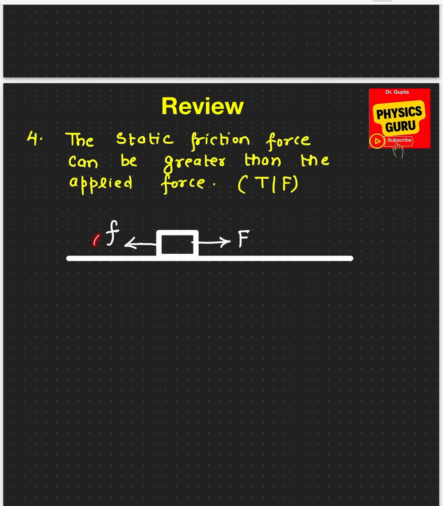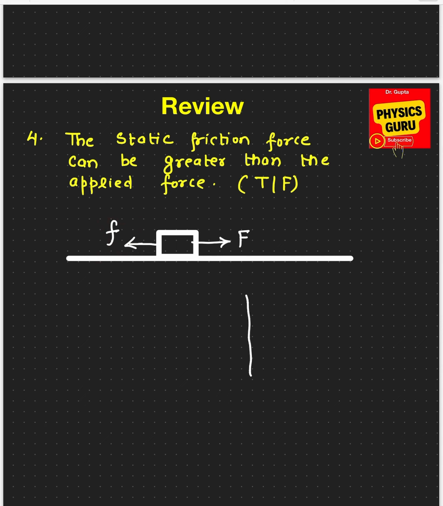If it is greater, that means if I apply the force in this direction, the object would move in the opposite direction, which would never happen. So if you increase this force F, then the friction force also increases till it reaches a maximum value.